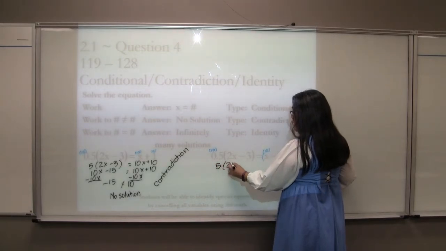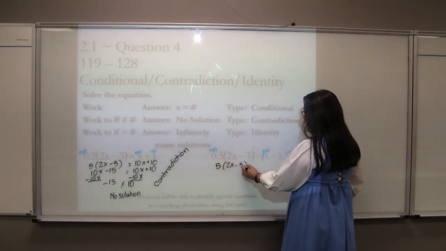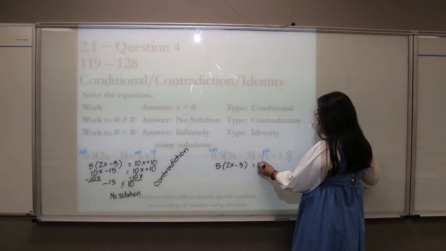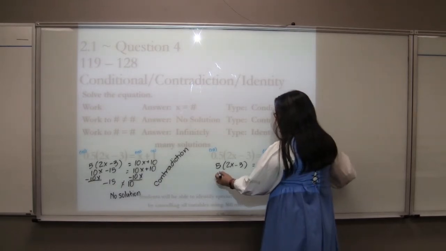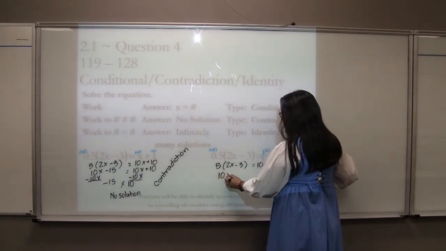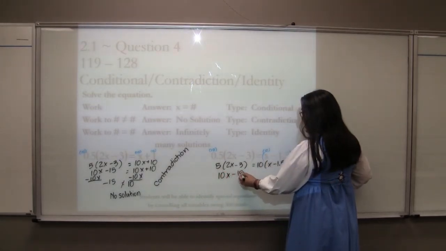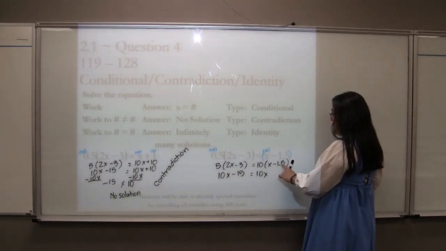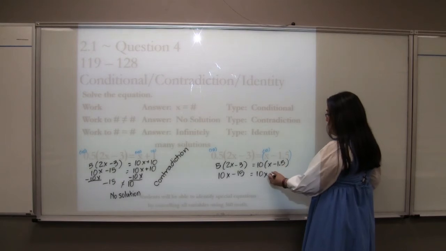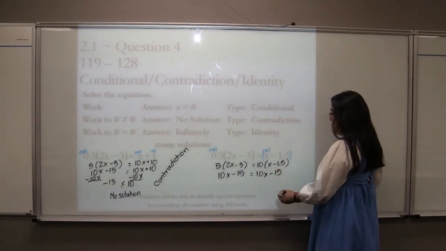And we're going to have to distribute. And this gives us a 10 in the front, and you will again have to distribute. That will give us 10x minus 15 equals 10x. Remember, 10 times a decimal, we'll move the decimal over one place, and it'll give you 10x minus 15.